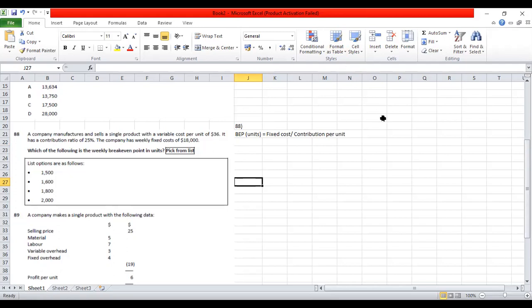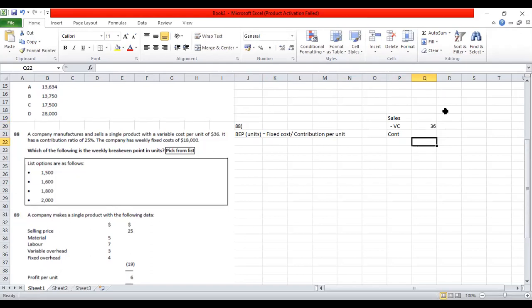Variable cost is 36. That is all what is given. So let's see. Sales minus variable cost is contribution. We do not know any of these variables except variable cost, which is 36. We do not know sales, we do not know contribution.